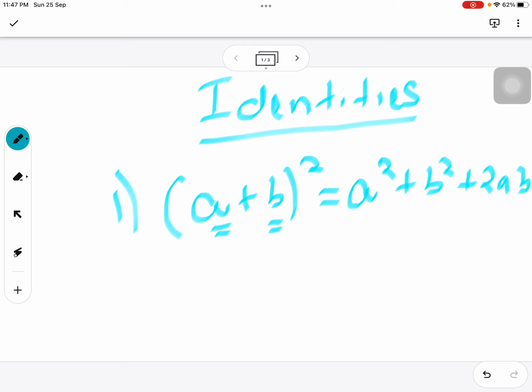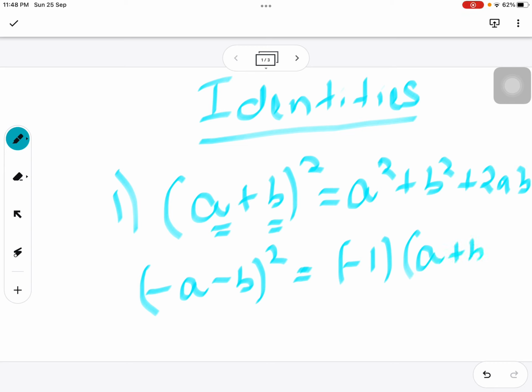That's how you have to do it. Suppose I have a case like this, minus a minus b whole square. This formula is not there, but what you have to do is take minus common. It becomes minus 1 times a plus b whole square. The square will apply to minus 1 also.